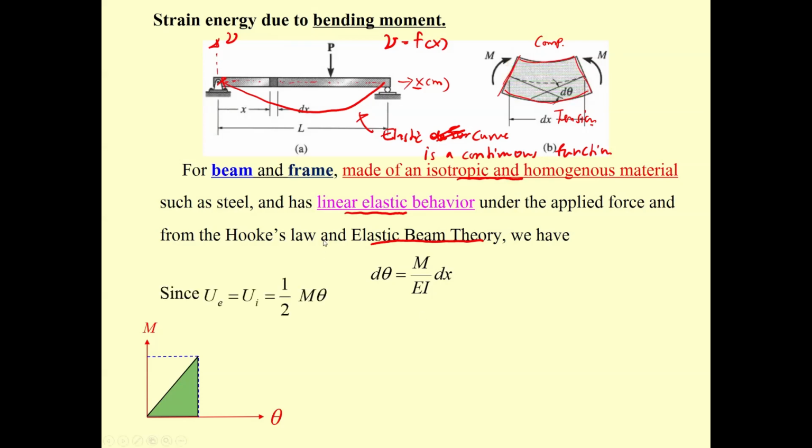What are we going to do? We are going to determine the external potential energy. From our previous discussion, the external potential energy is going to be the area under this graph, where this is M and this is theta.